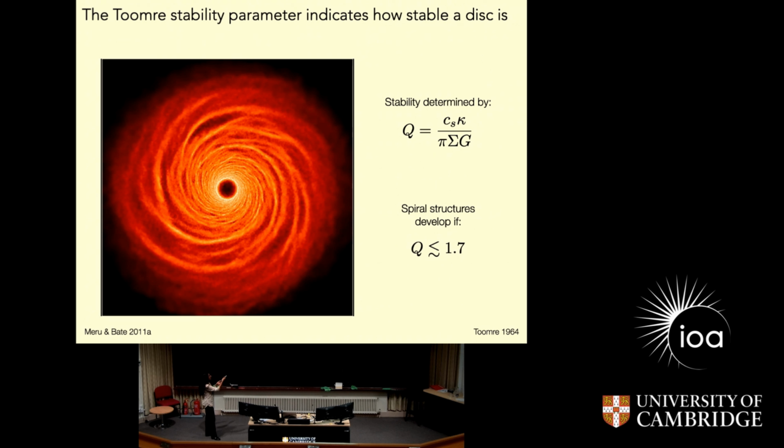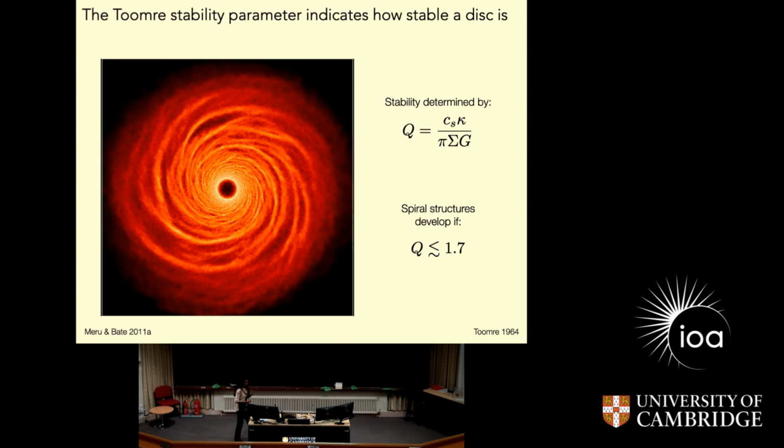So this is the Toomre stability parameter, that's Q. You've got your pressure forces, which are represented by the sound speed here. Kappa is the epicyclic frequency, which is roughly of the order of the angular frequency. That's your rotational side of things included there. And then your gravity forces are here in the sigma. Pi and G are just constants, of course.